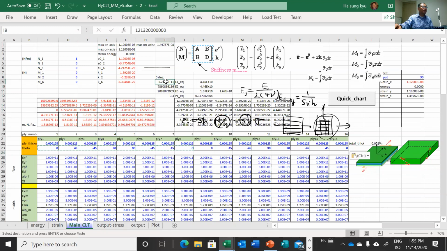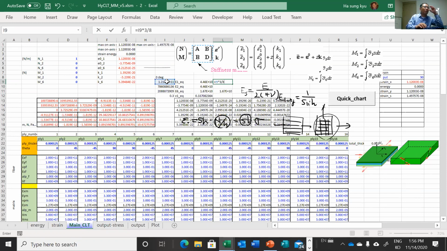But notice that this is the fiber directional stiffness, 121 gigapascal, and the equivalent E1 will be about 44. So 121 versus 44. And how do we calculate that? Approximately, this one times 3/8.